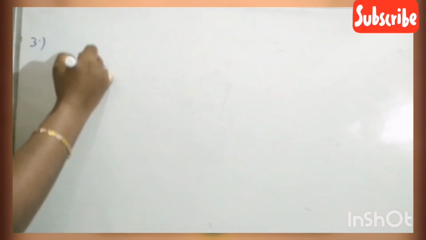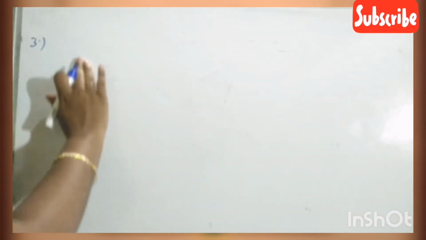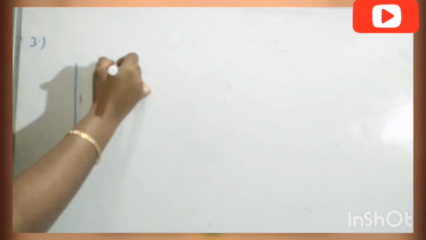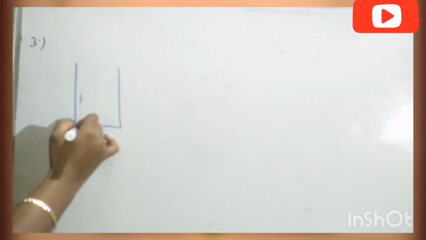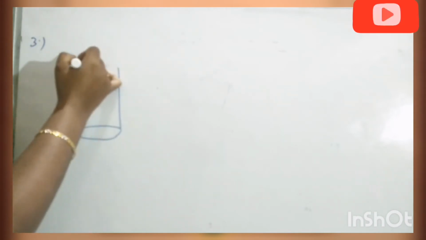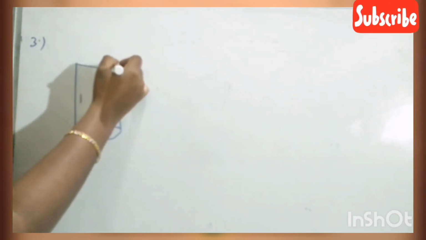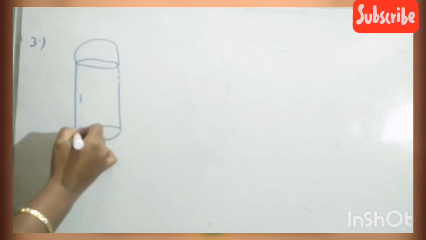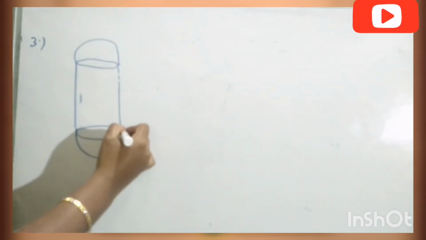In the gulab jam, we have one cylindrical portion. This is our cylindrical portion, and a cylindrical portion with hemispherical ends. This is the shape of our gulab jam, and it is given that the length is 5 centimeter.